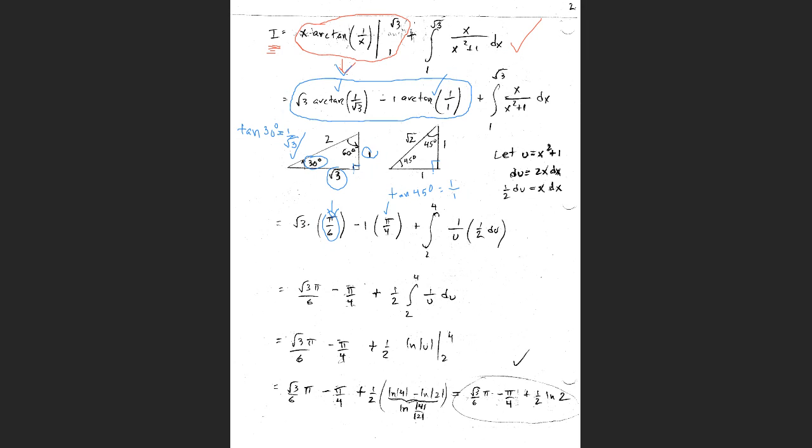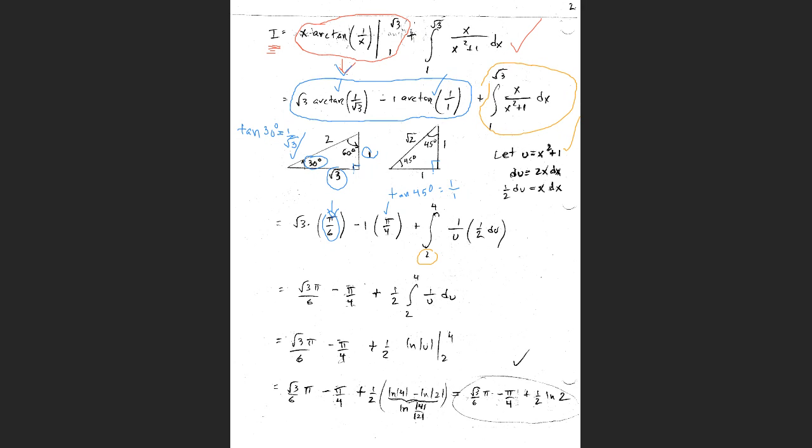Now for this integral on the right here, substitution will work. Let u equals x squared plus 1. Turns out then a half du will equal x dx. And here now you change the limits, right? The 2 there is because u equals x squared plus 1.